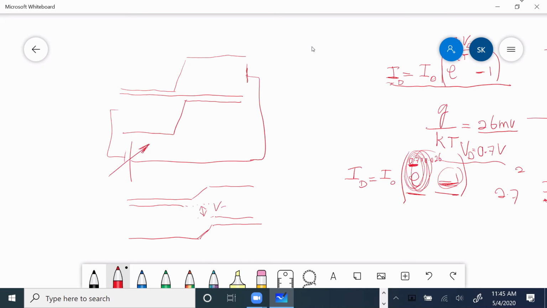This is how much applied forward voltage I applied. But can you see now the electrons can really travel? They couldn't before.